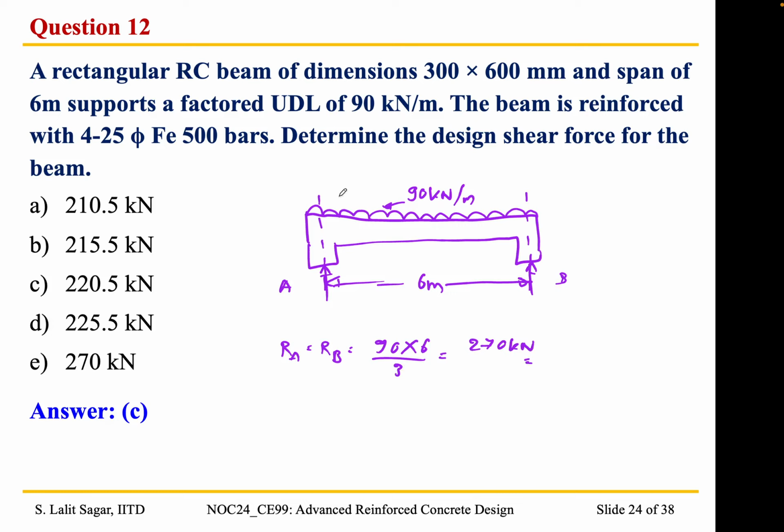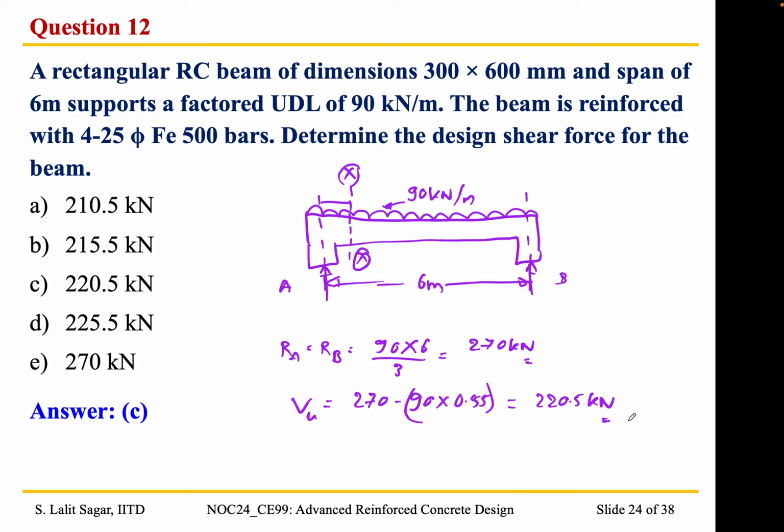But we need to take a critical section which is at a distance D from this point. So let us consider it as XX, right? So we will take this value as VU. VU is equal to 270 minus UDL 90, and considering 50 mm as the effective cover, we can take it as 0.55. So for which we get a value of 220.5 kilonewton.